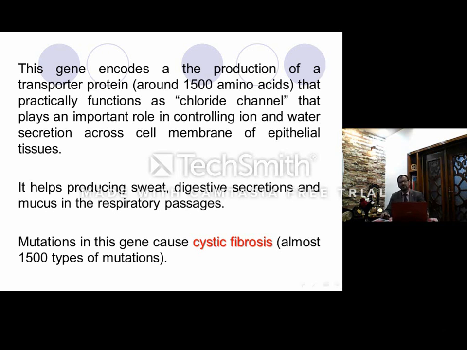So mutations in this gene will change the characteristics of this protein, and ultimately end up with cystic fibrosis. And if we return to the statistics around the world, they mention that there are almost 1,500 mutations that can cause this disease.